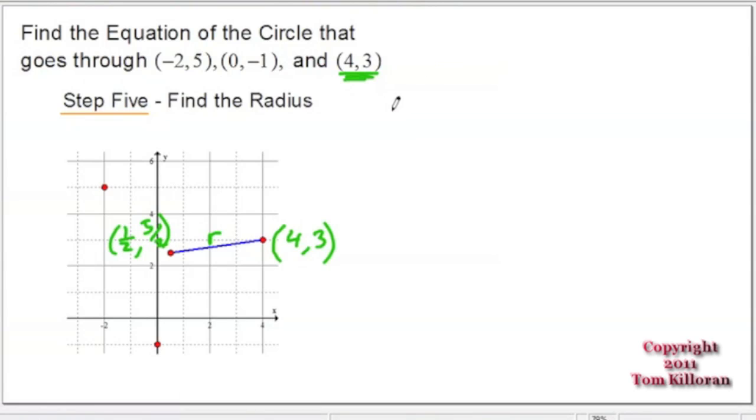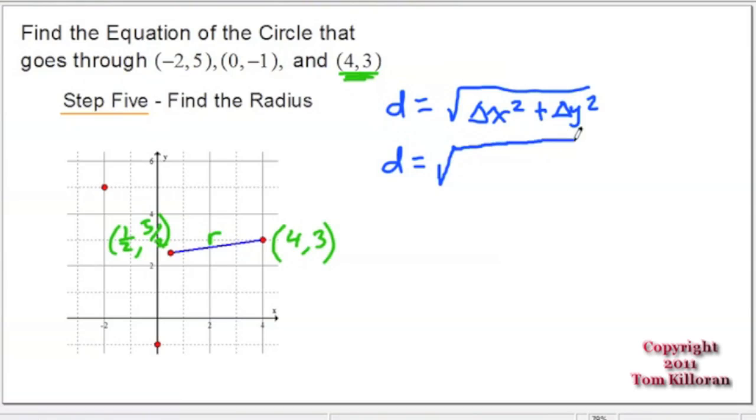So the distance formula says it's equal to the square root of the change in x squared plus the change in y squared. Alright, so distance is equal to the square root of, this is where it gets a little messy, but don't worry about it. The changes in x would be (4 minus a half) squared plus (3 minus 5 halves) squared.